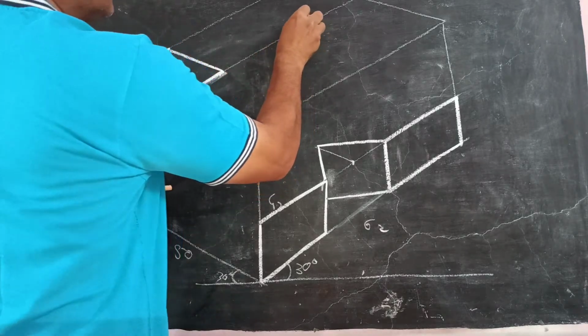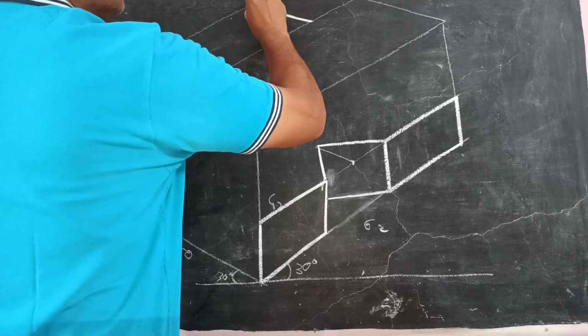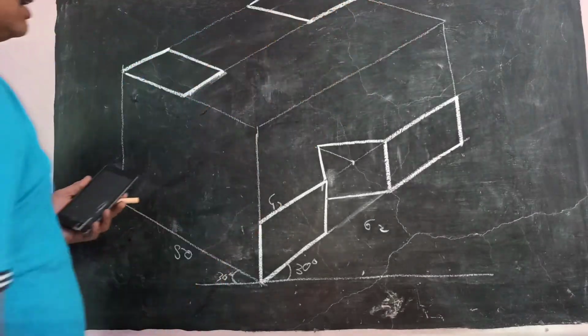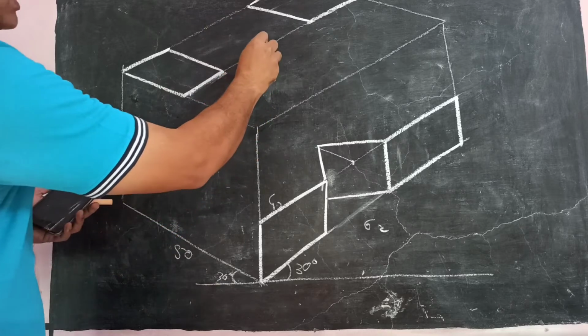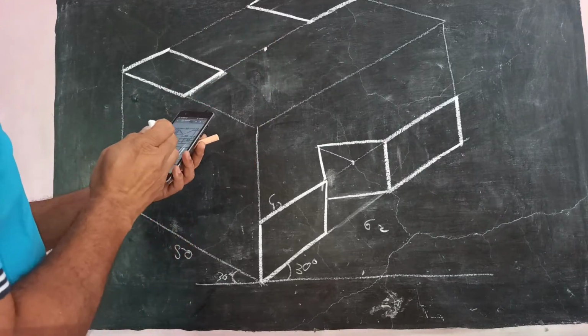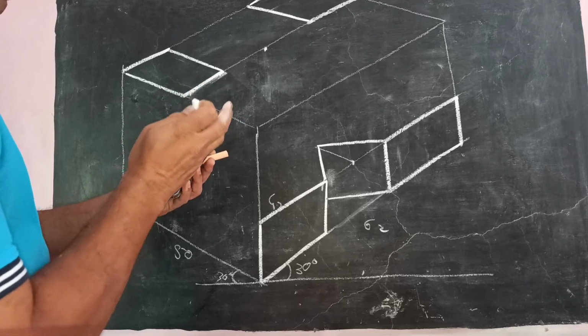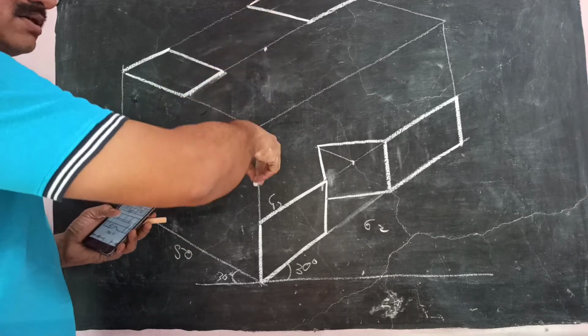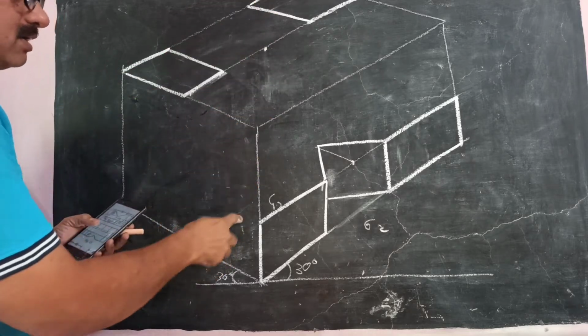This is also 16, and there is a V groove here. So find out the midpoint of this. The total depth of that groove is given as 15. Depth we always take vertical, so it should be parallel to this.